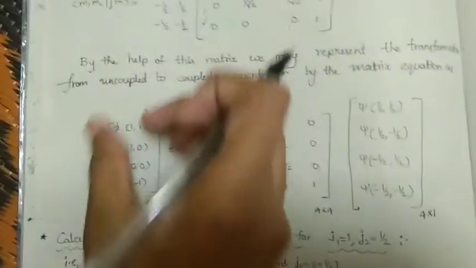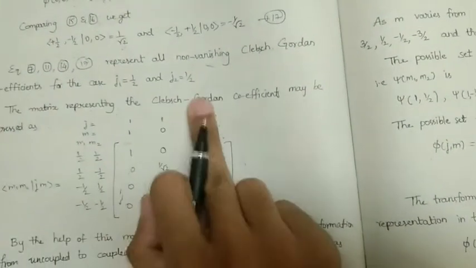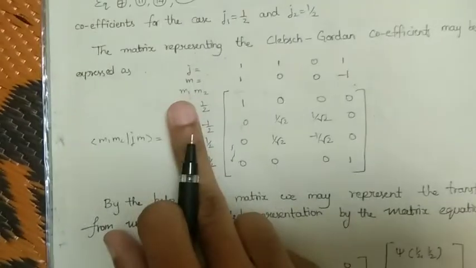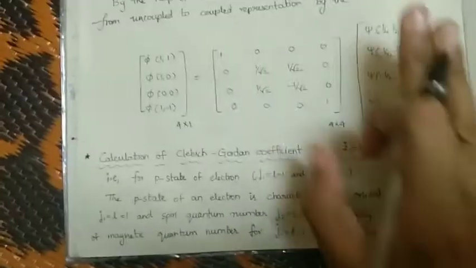Here we have phi of 1 comma 1, 1 comma 0, 0 comma 0, 1 comma minus 1, and xi of half comma half, xi of half comma minus half, in the same order, multiplied with this matrix. That is the matrix.